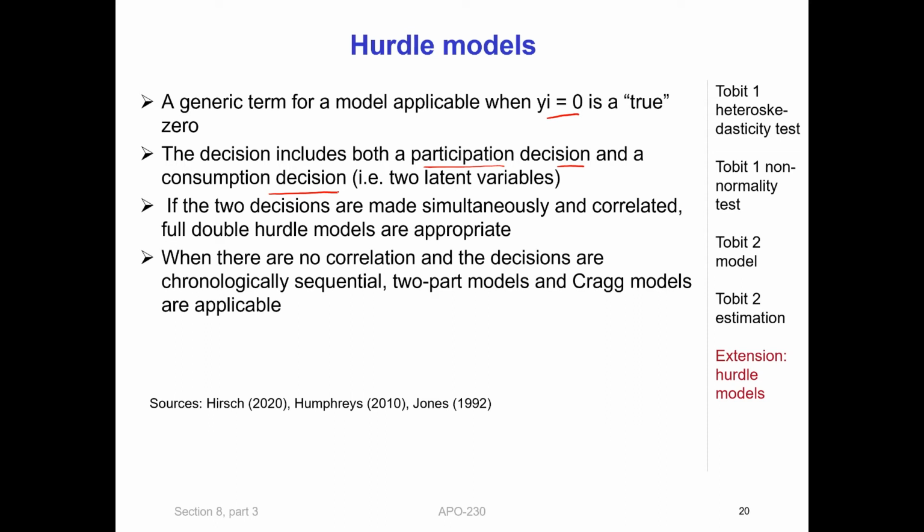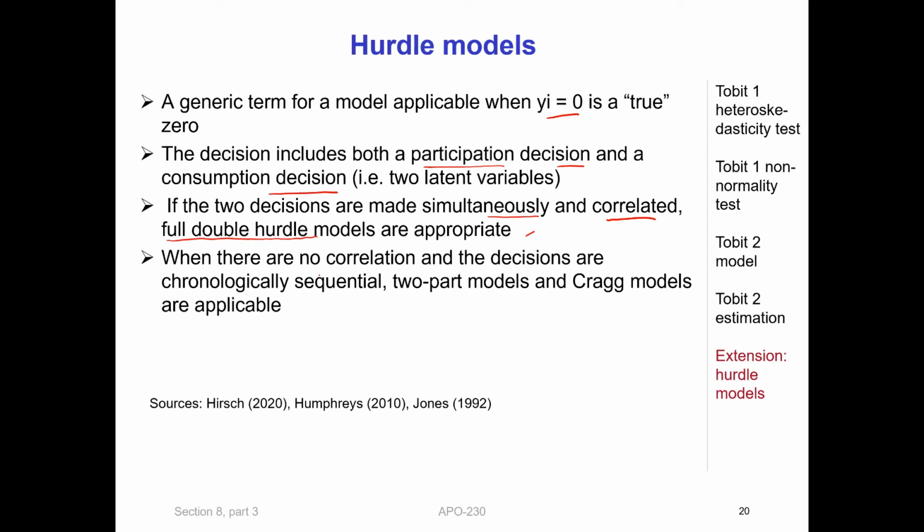Now, in this category of Hurdle models, we have two subcategories. The first one is applicable when the two decisions are made simultaneously and the error terms are correlated. Again, that reminds you of the Heckman or Tobit 2 models, but still they're different, as we will see now. The candidate for this type of model is called the full double hurdle model, and that is the candidate for an appropriate treatment of the data.